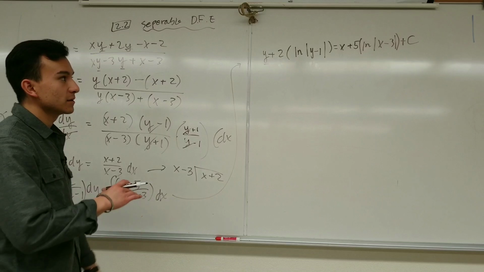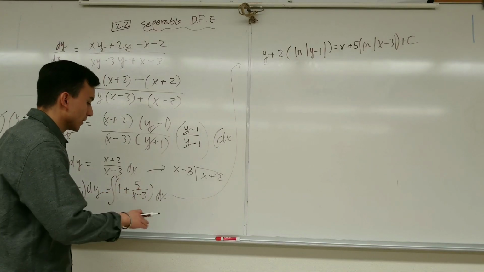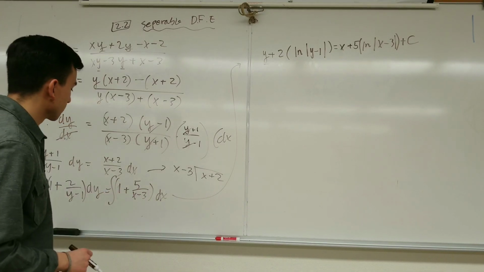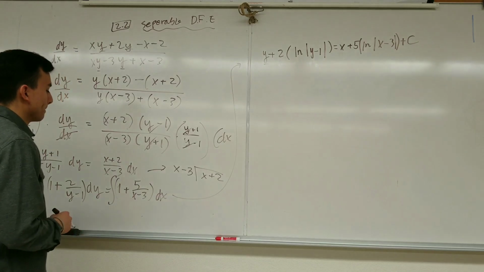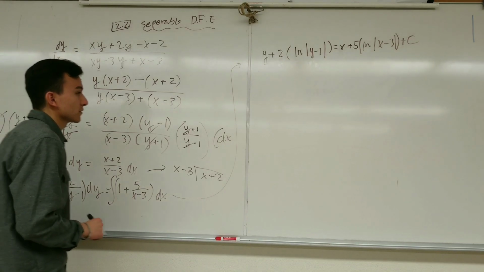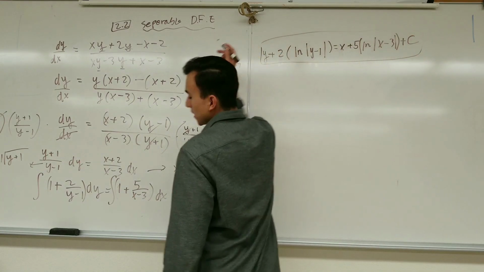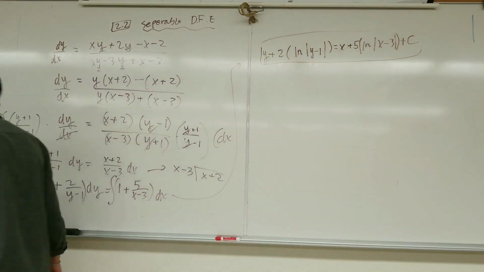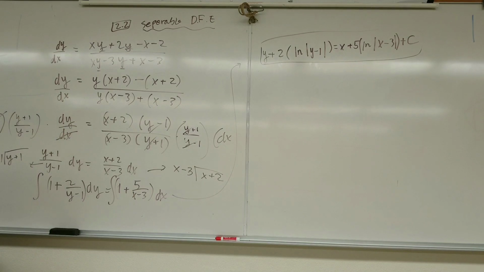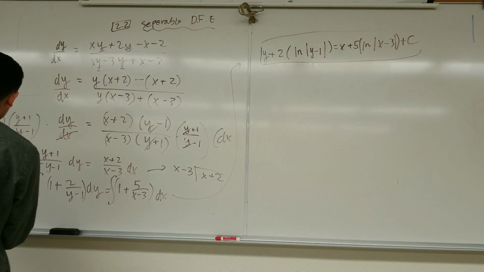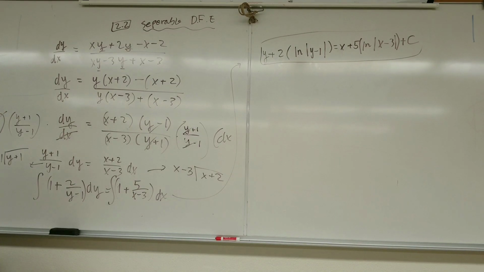And then plus c, because you can't forget about the constant of the solution. Okay? So this is our answer. We can go ahead and box that and get full credit.